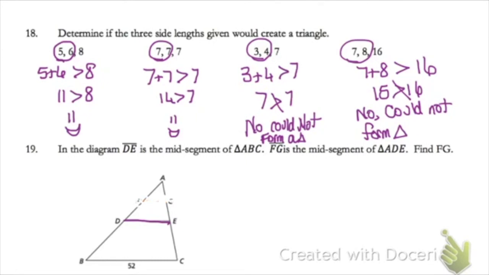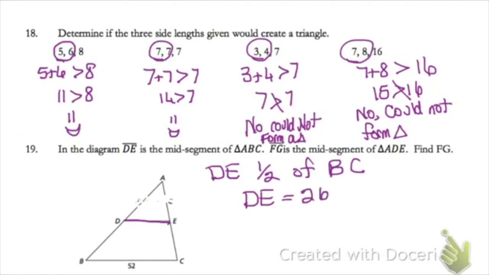We know that a mid-segment is exactly 1/2 the length of the third side that it does not touch. So DE has to be 1/2 of BC. So the length of DE is 26.